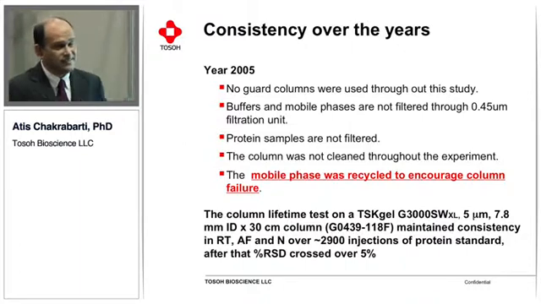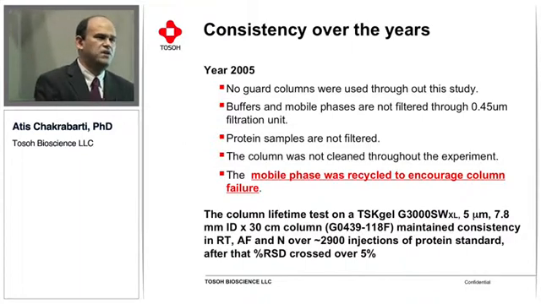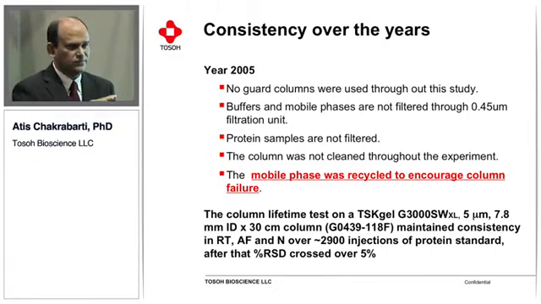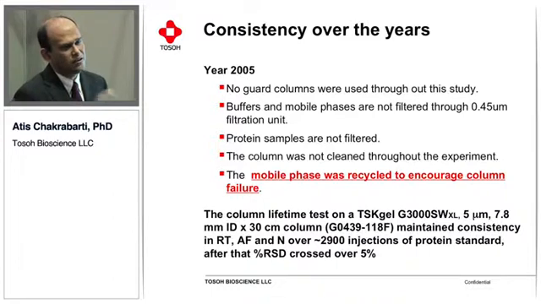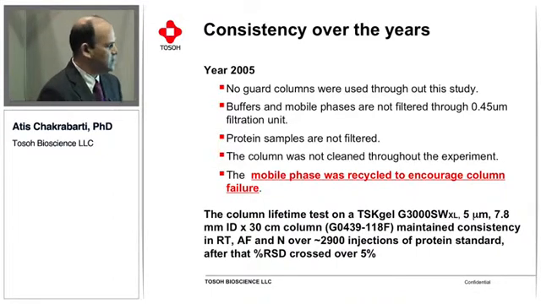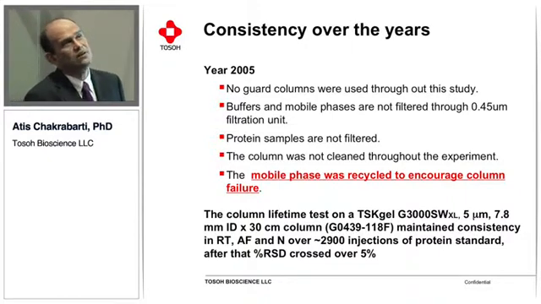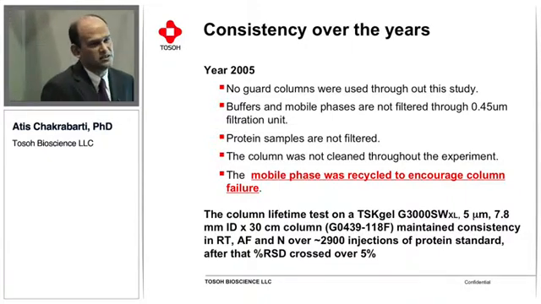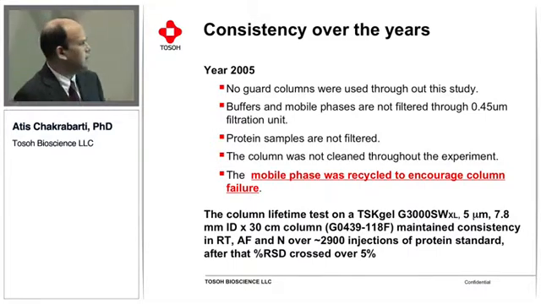After that, it started losing, because we set a limit of 5%. If we cross 5%, we say, okay, now the column is crossing the limit. So after that it crossed 5%, and we could run up to 4,800 injections, but definitely at that point the column was very low in terms of efficiency.